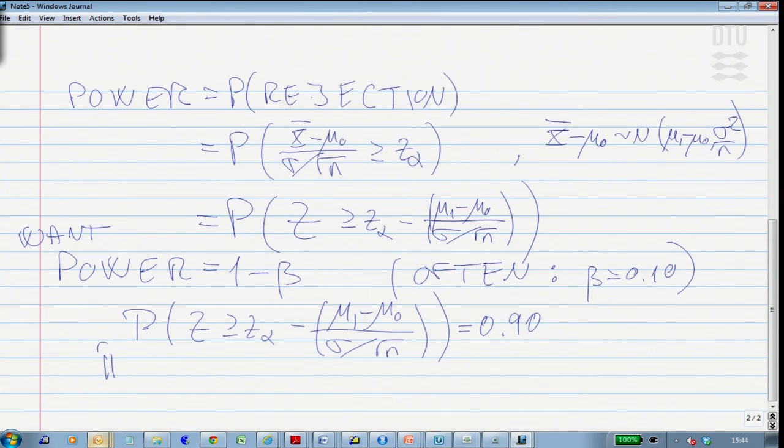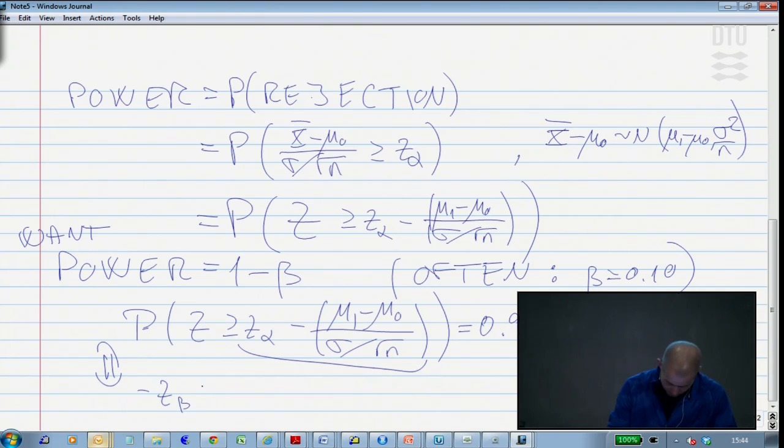And if I go on from there, I'll skip all the details now. If I go on with this one, I can find that if I exactly equate this with z beta, minus z beta, then z alpha, and then I take this one, mu. Actually, there is some sign thing going on here, so I take mu0 minus mu1 here.